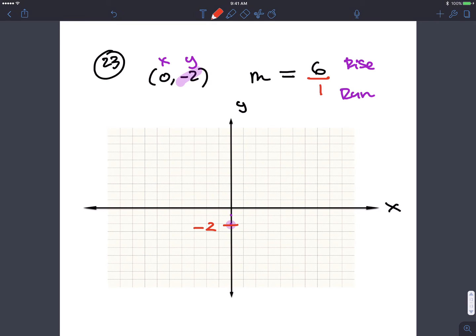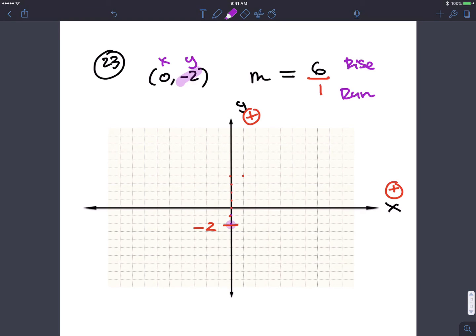We're now going to use our slope. Rise is +6. Up is positive. Run is +1. To the right is positive from your y-intercept. So let's go up 6 units now. 1, 2, 3, 4, 5, and 6, and then to the right 1 unit.